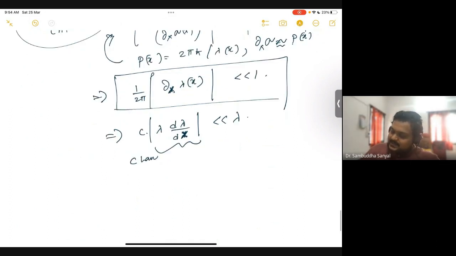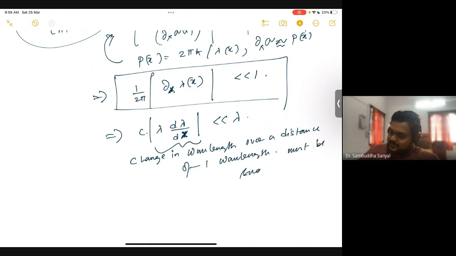This is the change in wavelength over a distance of one wavelength, which must be small compared to the wavelength.